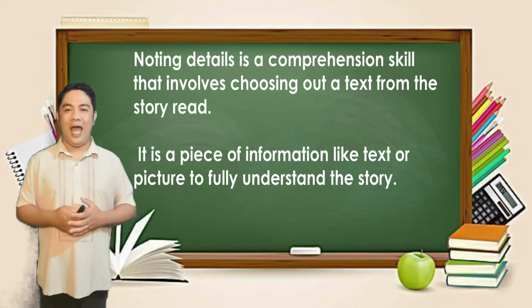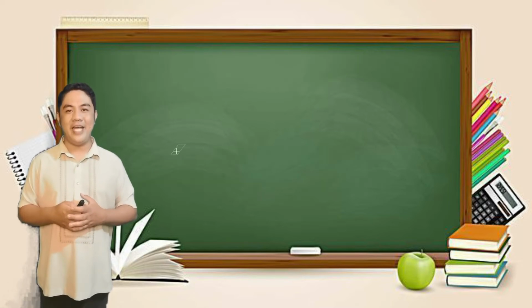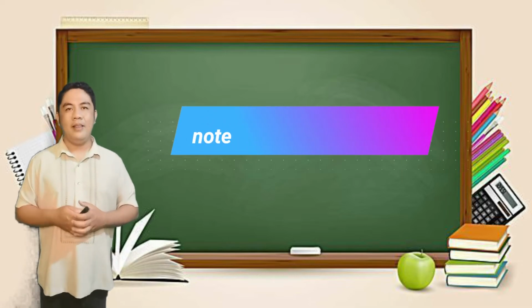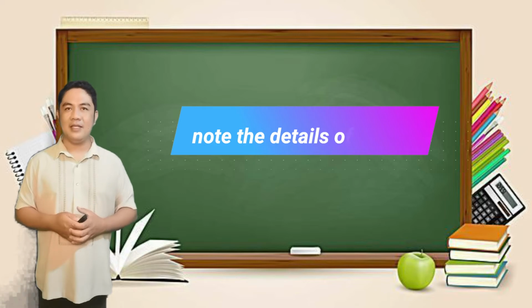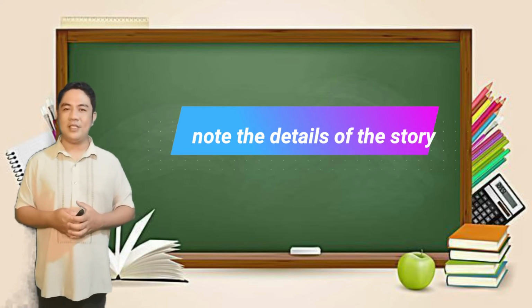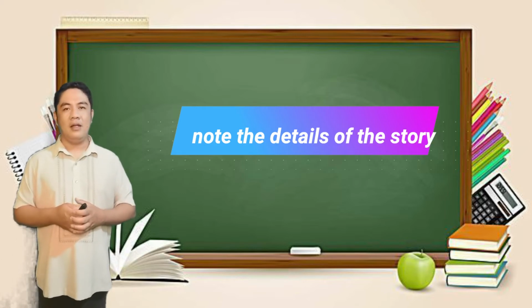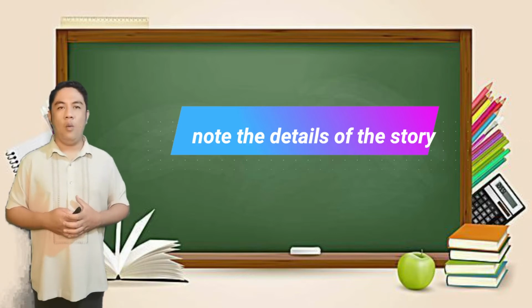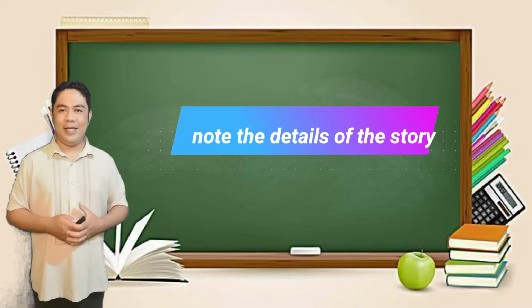For us to answer the questions correctly, we have to note or jot down the details of the story. Let me underscore this phrase: note the details of the story. The question is, how are we going to do this? What is noting details?